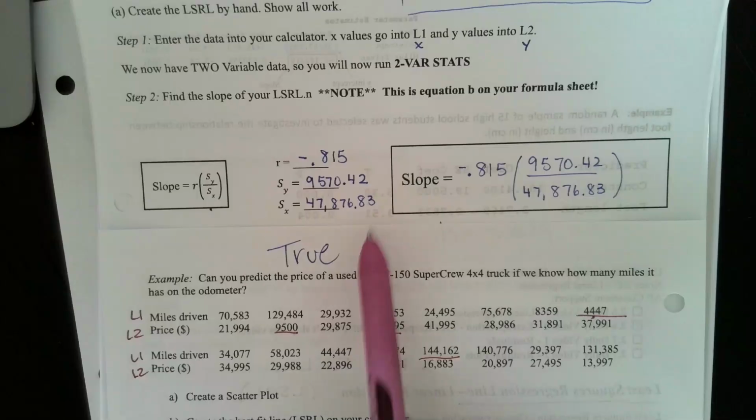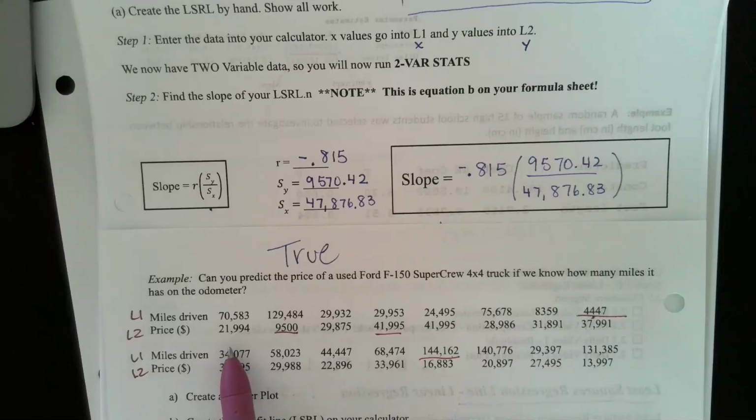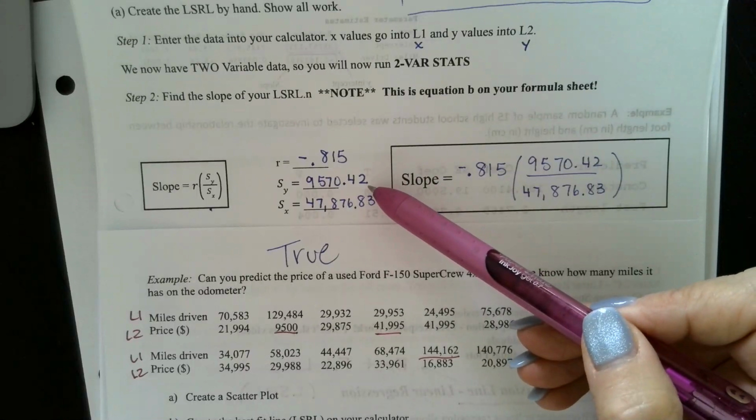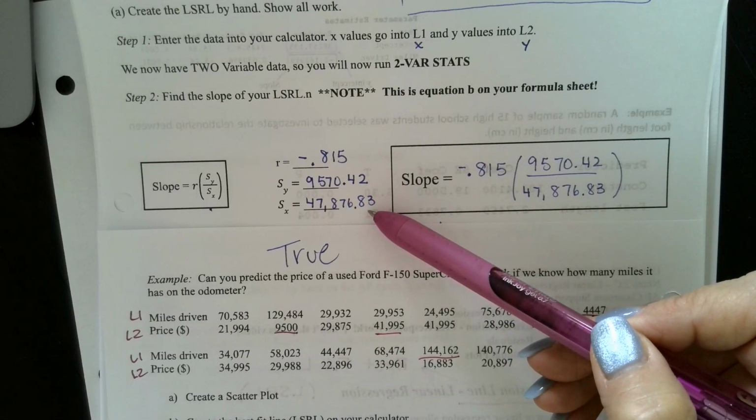So our standard deviation in X is going to be big. That makes sense. And if we look at our Y values, I have a low of 9,500 and a high of 42. But look at the majority of these values. 29, 41, 41, 28, 31, 37, 13 is a little low, but they're much closer. So it makes a lot of sense that our standard deviation in Y is a smaller value than in X.